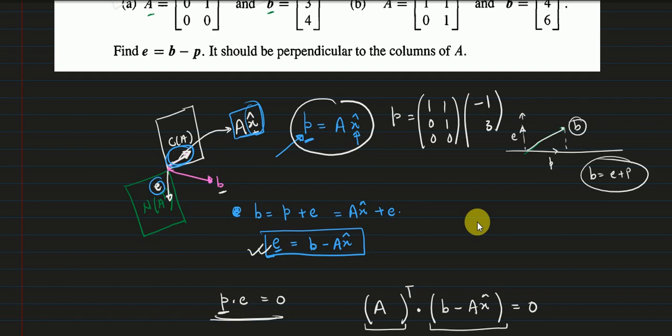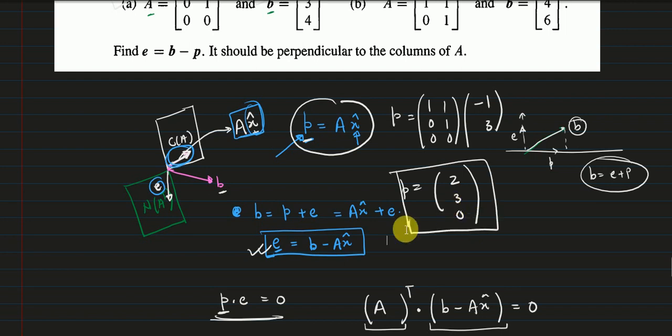So how much it will be? Minus 1 and 3, that is 2, and 3 and 0. So this projected vector P that is in the column space of A will be this.